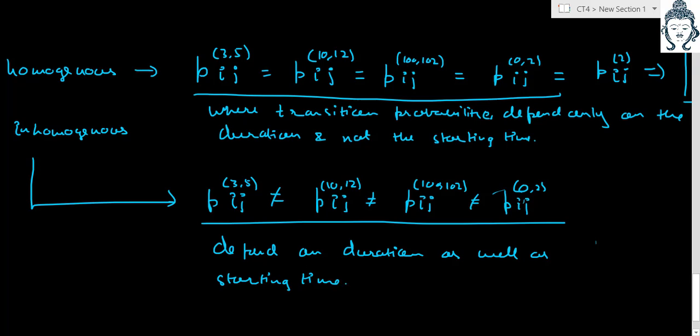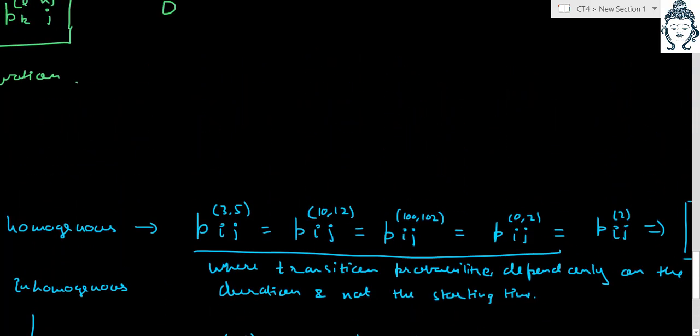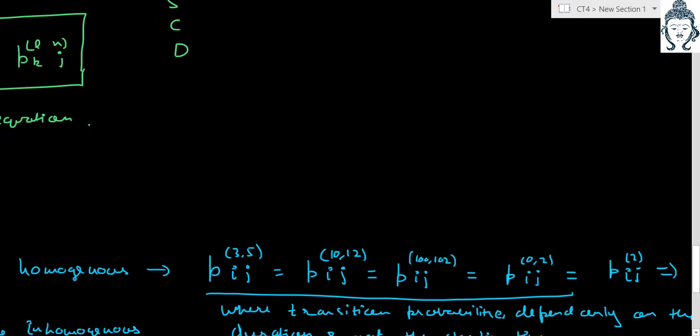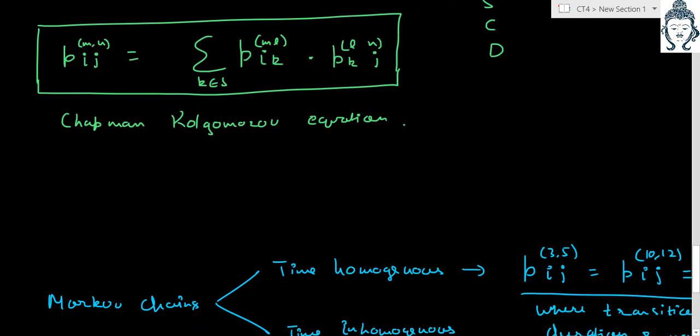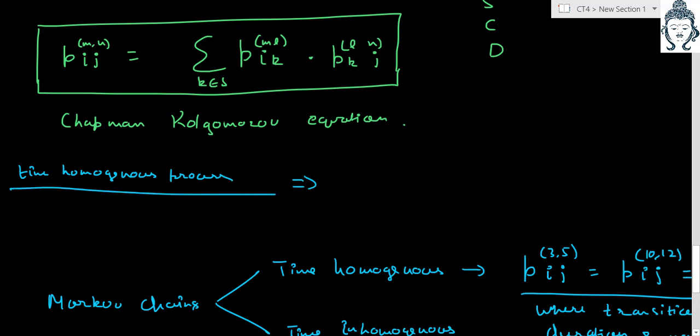So if you see this carefully, for a time homogeneous Markov chain, my Chapman-Kolmogorov equation changes. Now it only depends on duration.